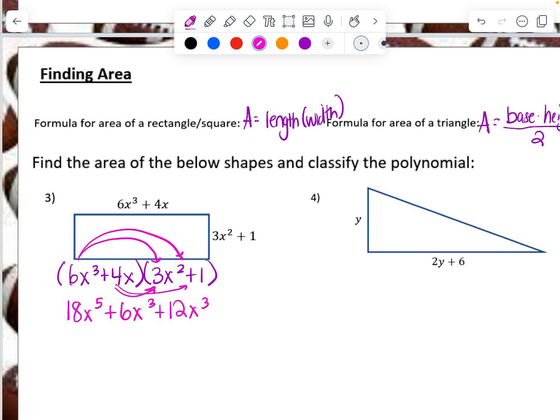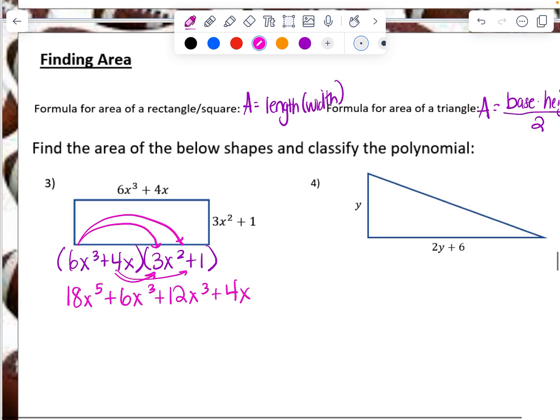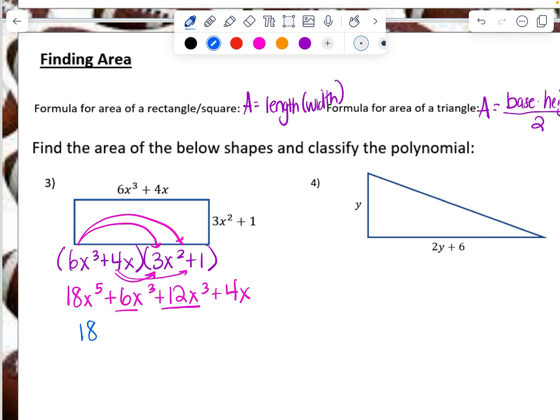And 4x times 1 is plus 4x. I've got these middle terms that I need to combine before I'm done. So I still have 18x to the 5th. 6x cubed plus 12x cubed is 18x cubed. And 4x on the end is just 4x. So that is the area of this shape.